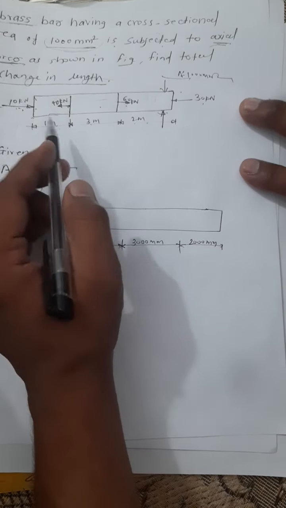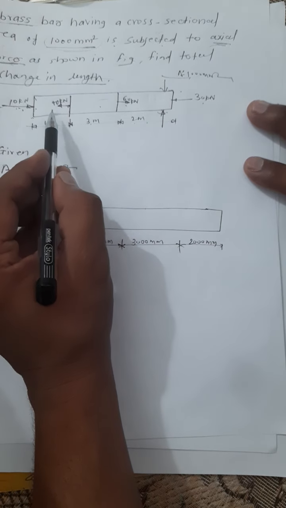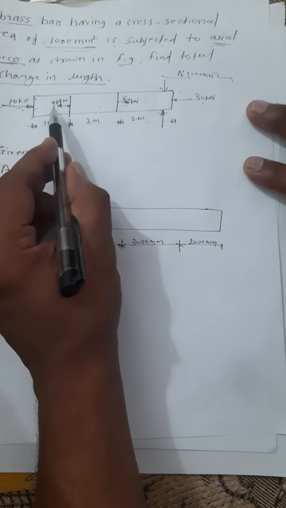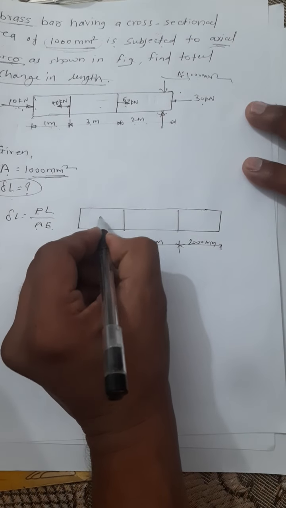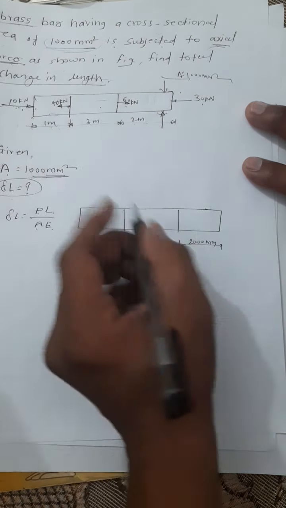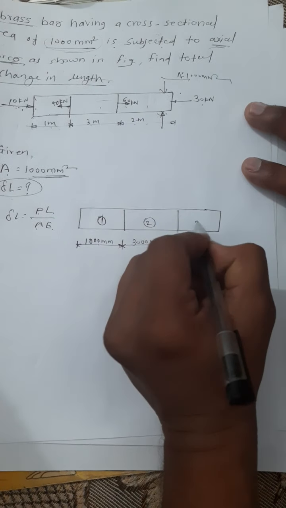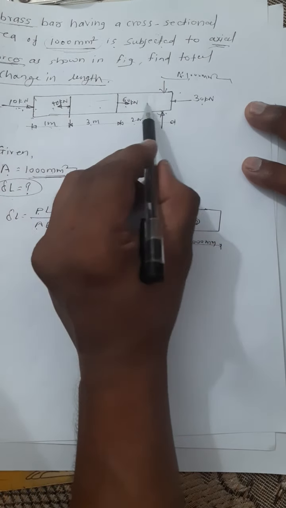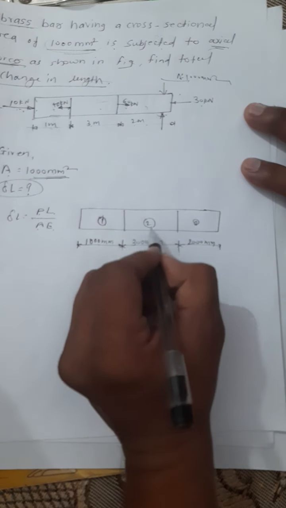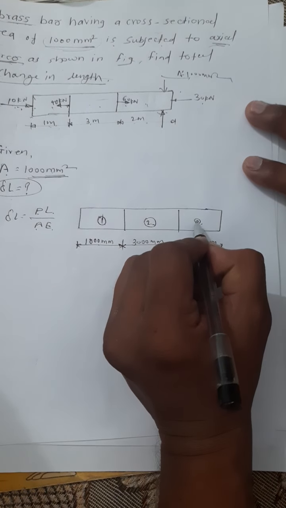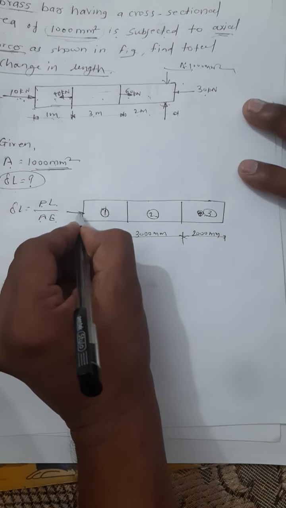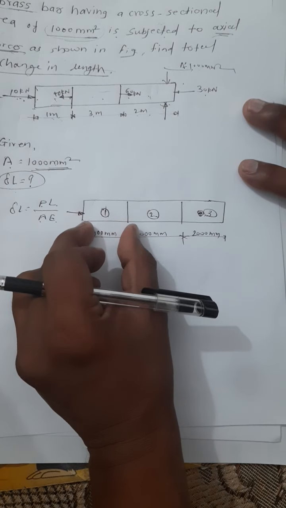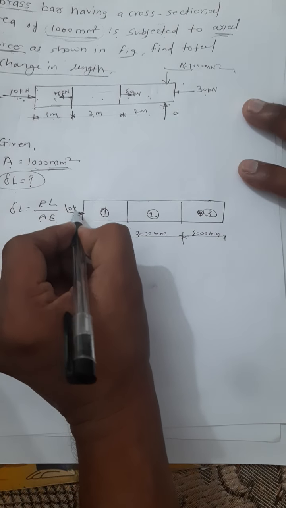After that, the second step is to provide sections: section number 1, section number 2, and section number 3. We just have to provide names, and the rest remains the same. Section number 1 from the left side is loaded by 10 kilonewton.